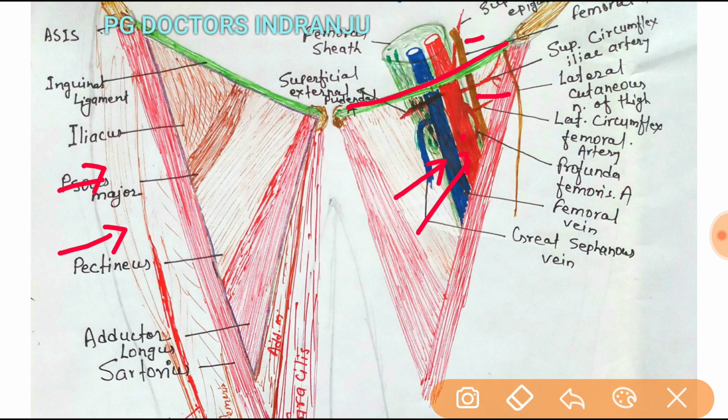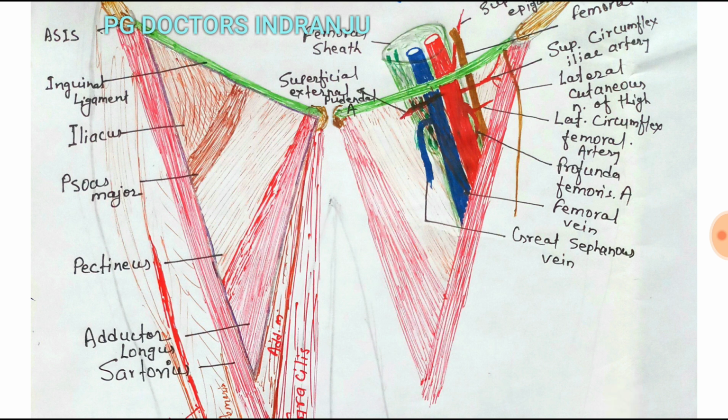Underneath the inguinal ligament, this is the lymph node structure, which enters through the femoral sheath. This greenish structure is the femoral sheath.